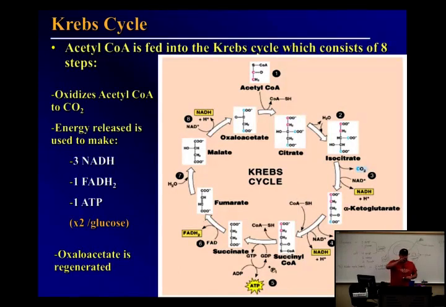Oxaloacetate and acetyl-CoA combine to make citrate, and that goes all the way around, and what do we end up with at the end? Oxaloacetate again. So as long as you're feeding it acetyl-CoA, the wheel keeps spinning. It's not a real wheel, there's not a circle in there, but it's easier to draw it that way so you can see that it's regenerating. It's recycling. In fact, that's where the word came from.